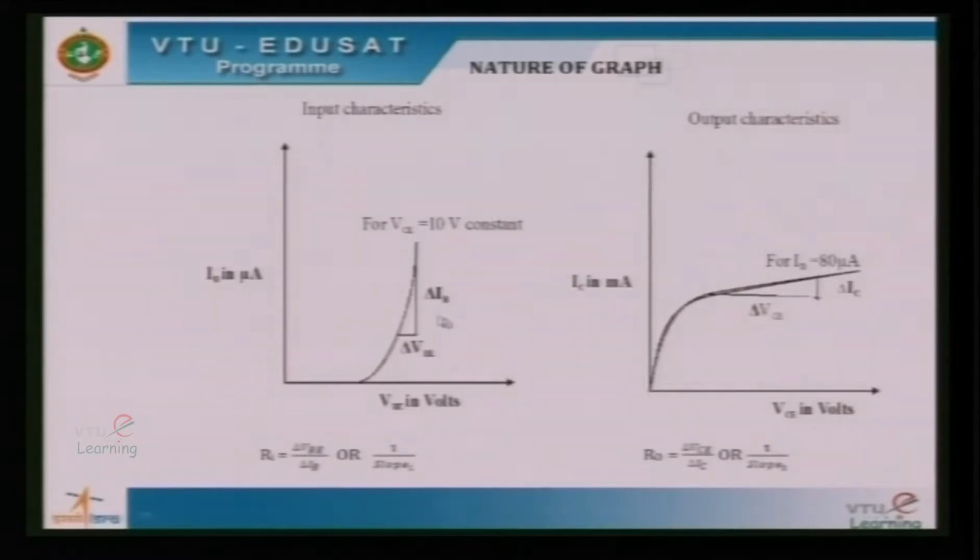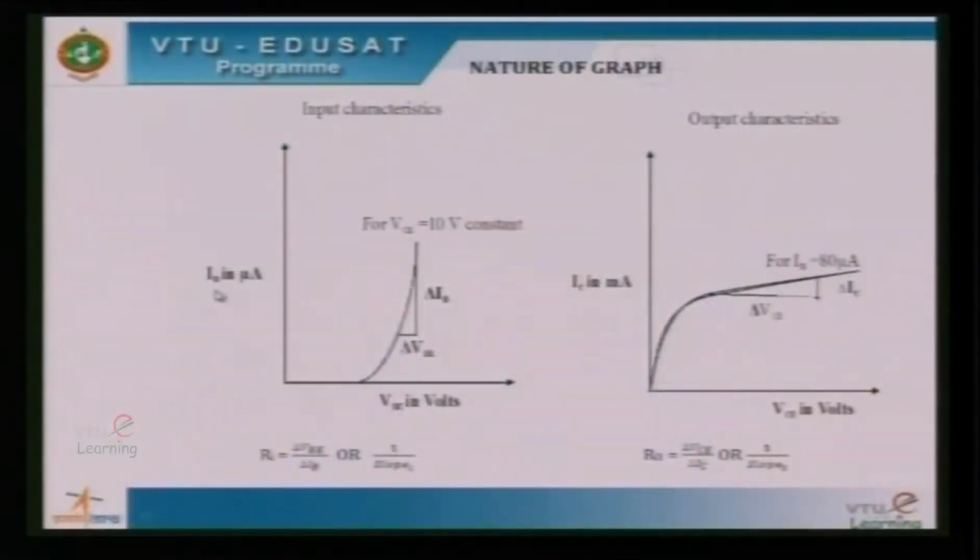Now the graphs are plotted for input characteristics, IB versus VBE, showing normal forward biased characteristics of a diode. Hence, the transistor input circuit behaves as an ordinary diode.